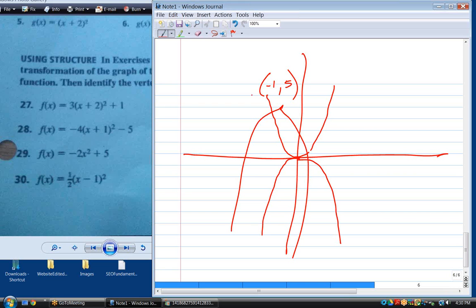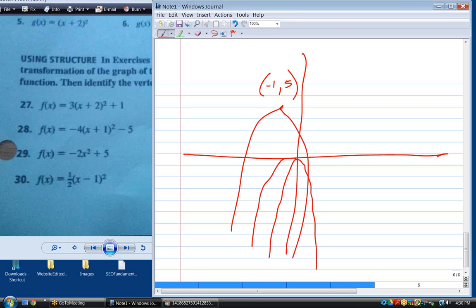So that's the effect of the negative sign. Now let's make it narrow. So that's the effect of the negative sign and the 4. And now move it left 1 unit because of the plus 1. So it puts it there. And now move it down 5.